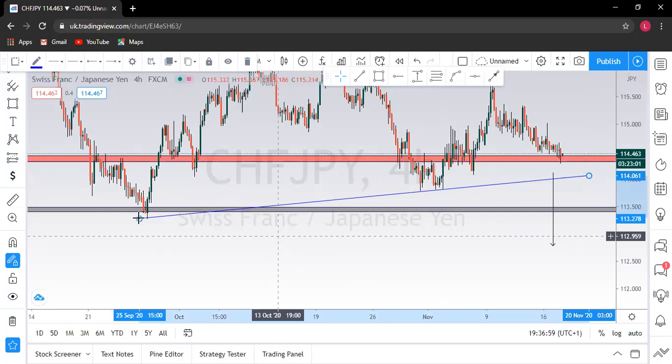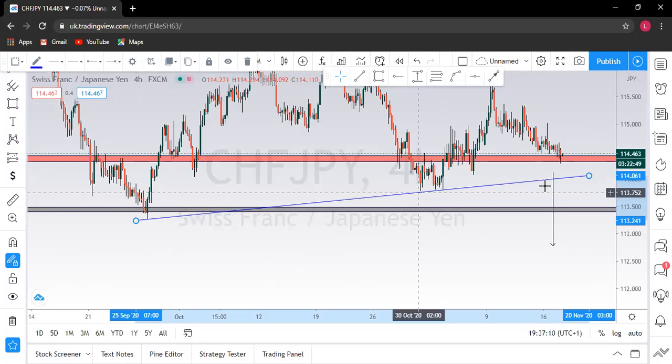So now on this trend line, we've gotten one, two, three, like three touches, right?